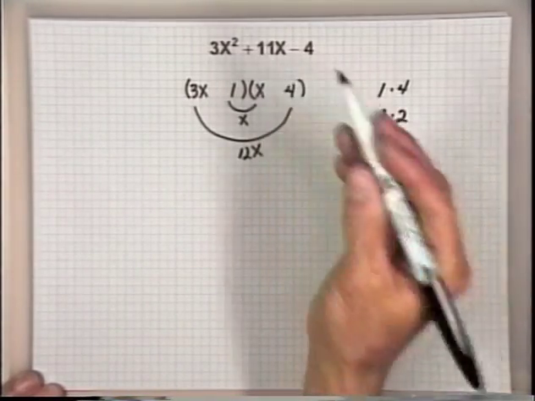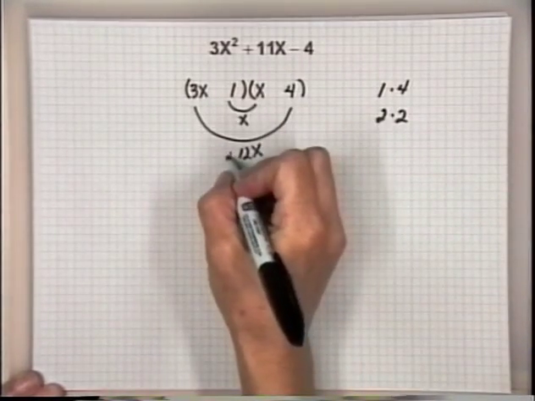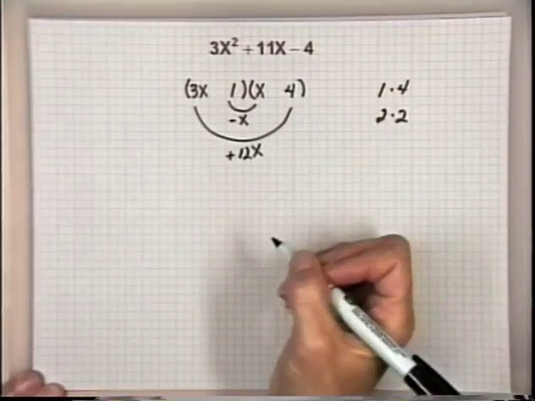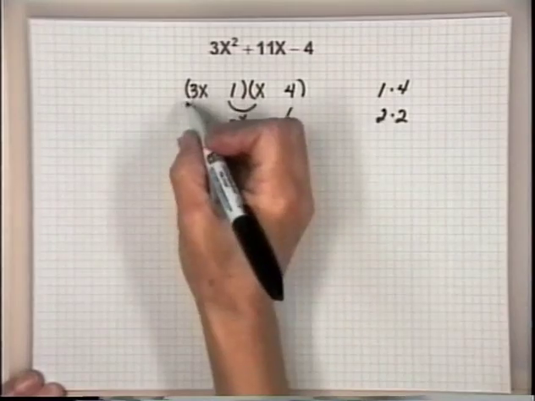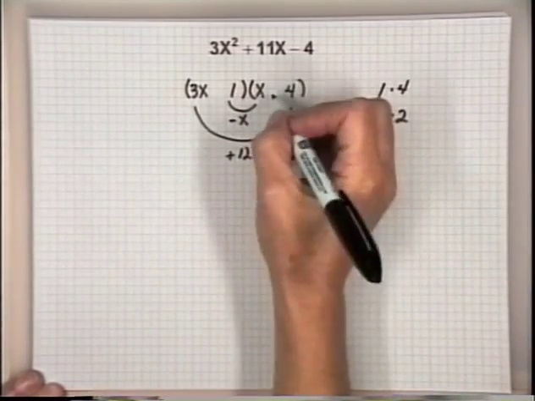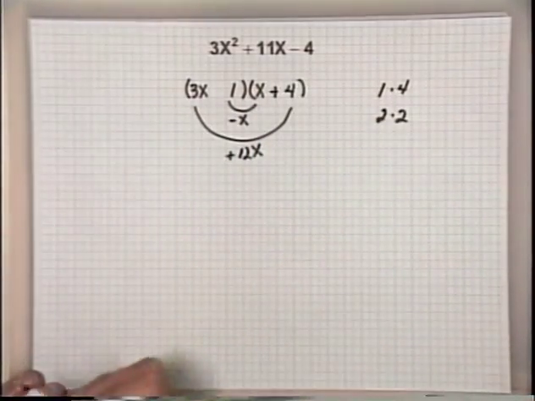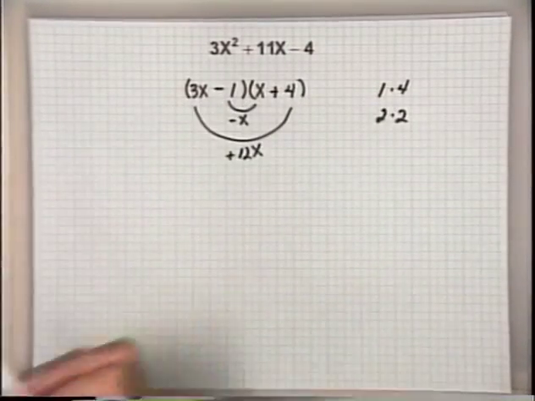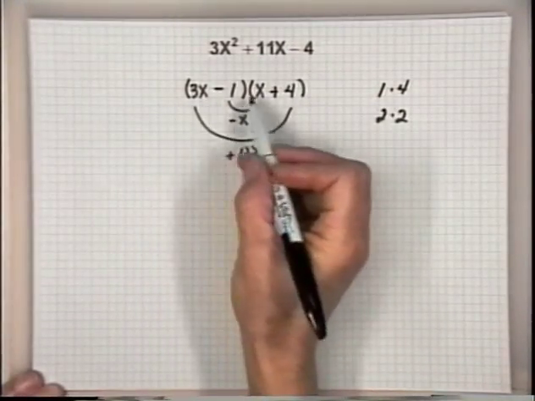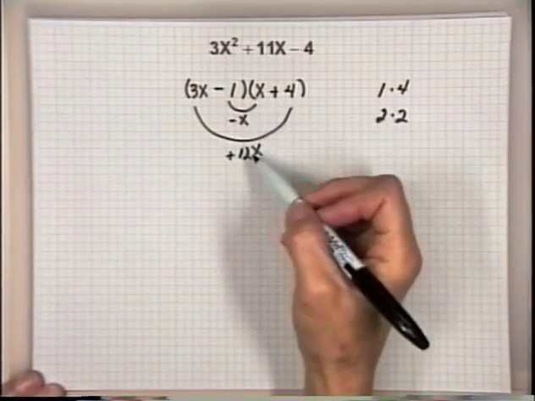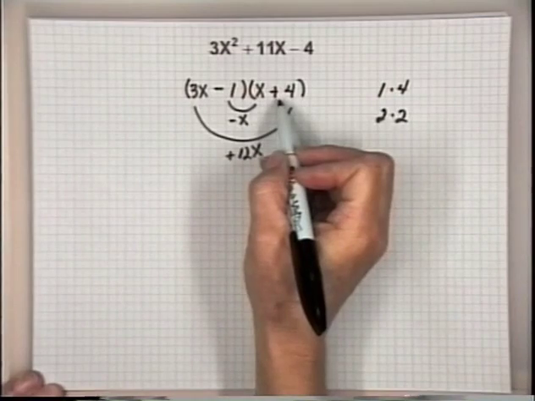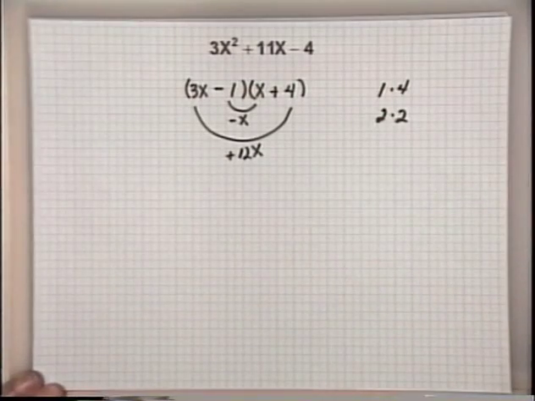I want this to be a positive 11, so 12 should be positive and 1 negative to give me that positive 11x. That means my outside product needs to be positive, and the plus sign would go in the factor x plus 4. The minus sign then would go here. So we do have our 3x squared, we have our 11x for the middle term, and negative 1 times positive 4 is negative 4.